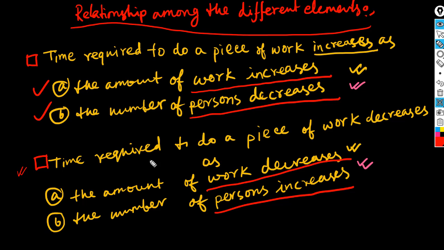Number two, the time required decreases when the amount of work decreases and when the number of persons increases. Now I think that is clearly understandable. Now I am clearing this page.